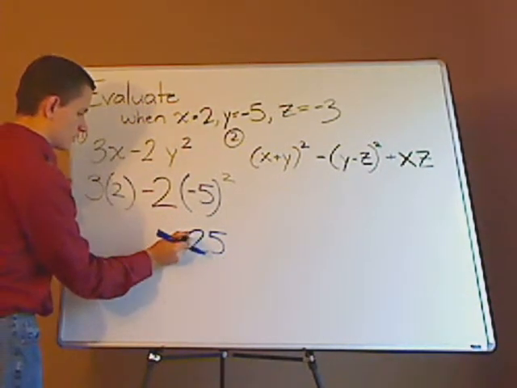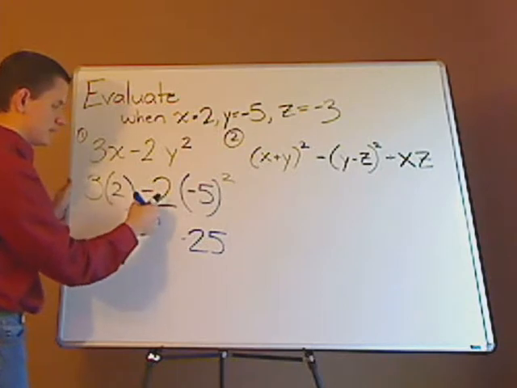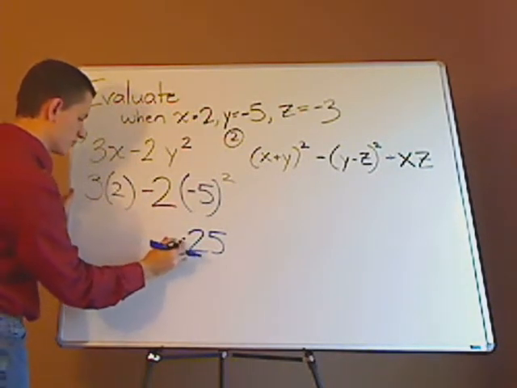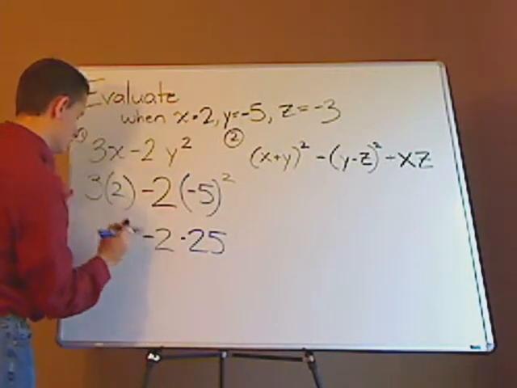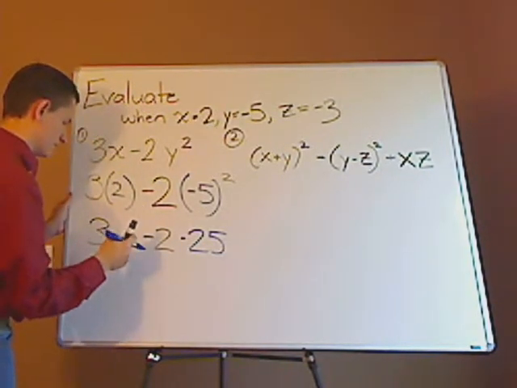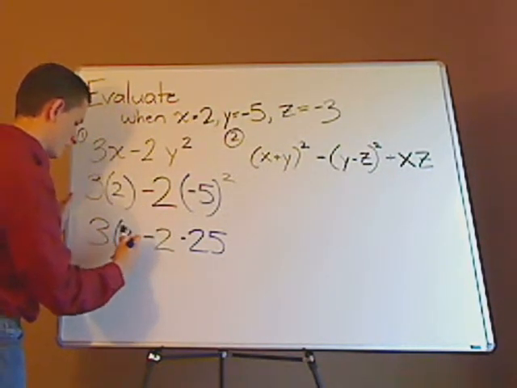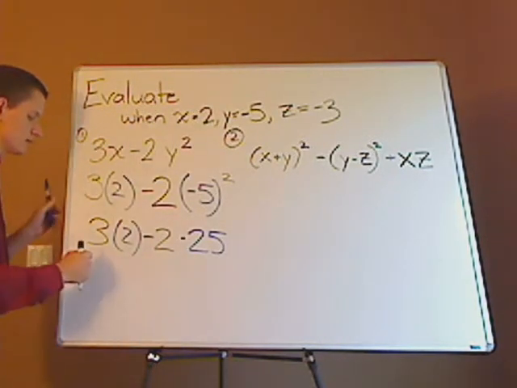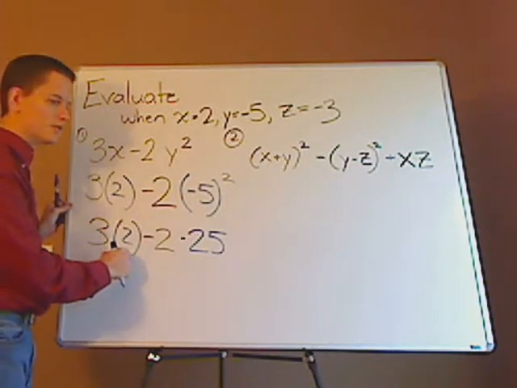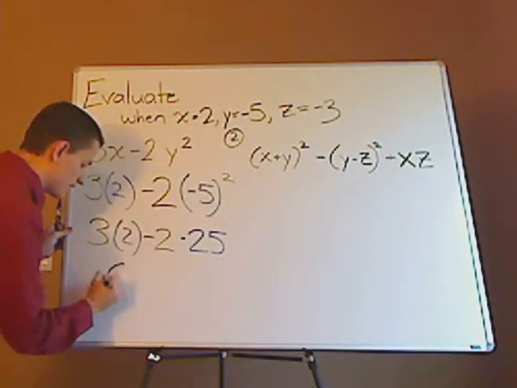Now since this is right next to the parentheses, it's multiplication, that's why I put that raised dot there. -2, and I'm just bringing these down. Alright, and then you just multiply. So what's 3 times 2? 6.